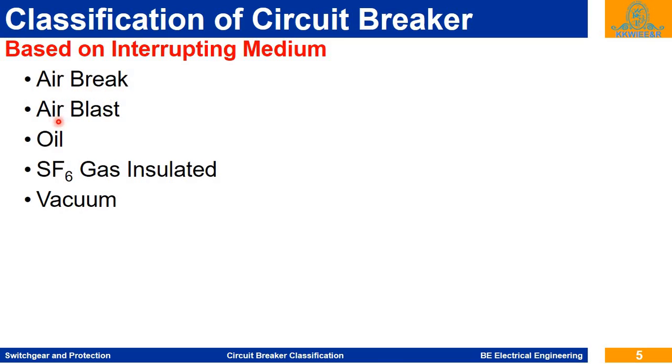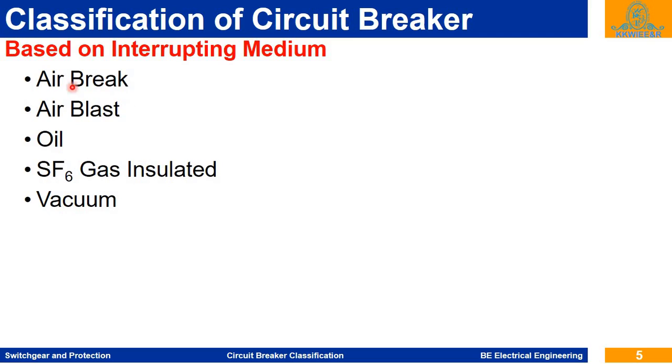Air blast: high pressure air is injected on the arc so that the hot, ionized gases are taken away from the contacts or from the interrupter. So it is called air blast. Oil is used as an arc interrupting medium. Then SF6 gas, sulfur hexafluoride, is used as an arc interrupting medium. Then vacuum.